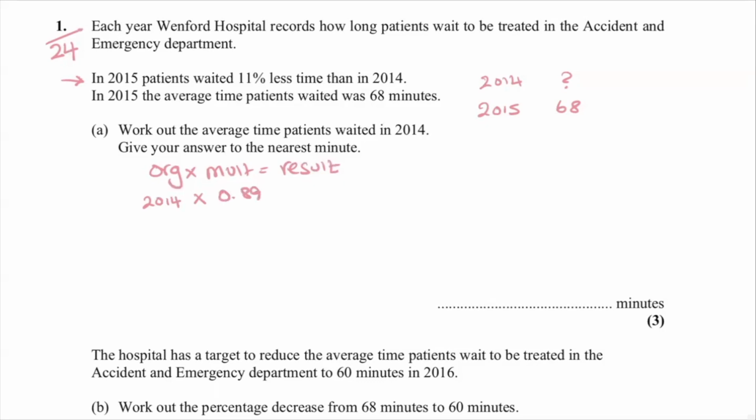That is our multiplier for a decrease. And it gave the result of 68. So to finish this off, we will just divide through by 0.89, which is 76.404, and on it goes. So to the nearest minute, we have 76 minutes.